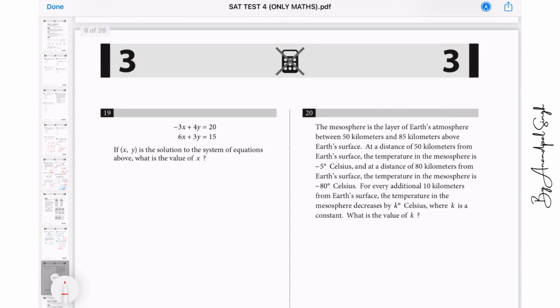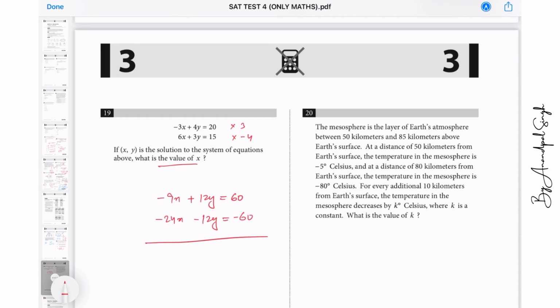So let us do question number 19. Here we need to find what x is. To find x we have to eliminate y. So just multiply this by 3 and this by minus 4. So we get minus 9x plus 12y equals 60, and minus 24x minus 12y equals minus 60.